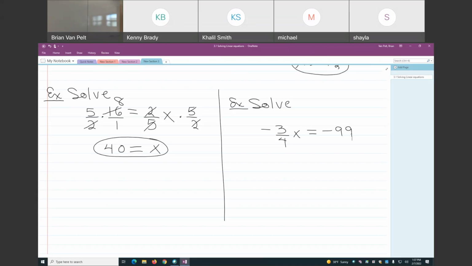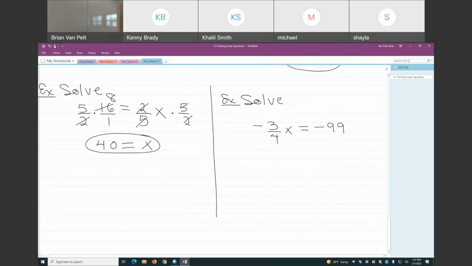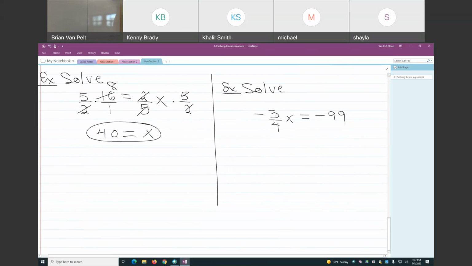Anybody care to volunteer? 132 is what I got as well. This time, what I would do to solve this, I would not just multiply by only the reciprocal. Also multiply by the negative. If I do negative 4/3, then you might find it convenient to put that 99 over.